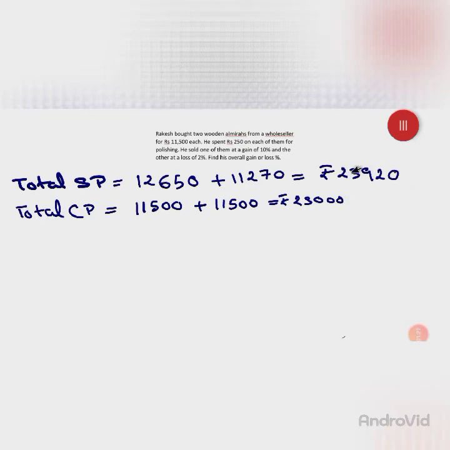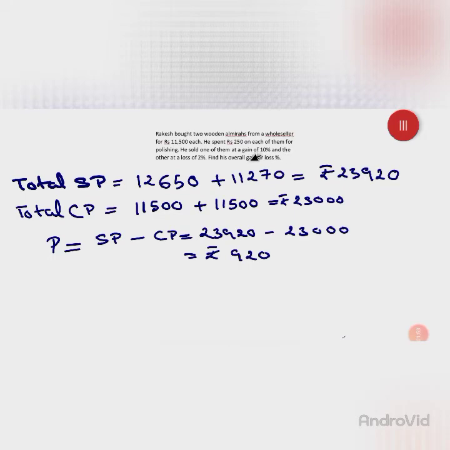Now as we see here, selling price is greater than cost price. So here it will be profit. Now formula for profit is selling price minus cost price. Therefore our profit will be 920. Now we have to find gain or loss percent.